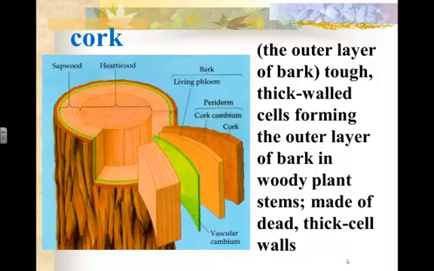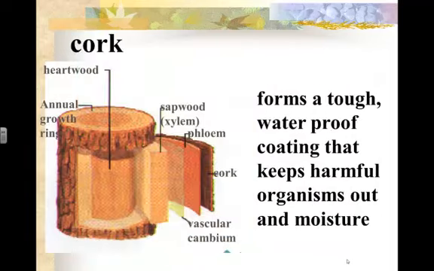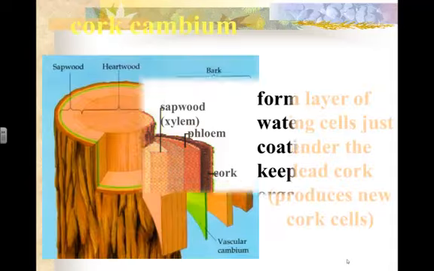If you strip some of the bark off, you've now exposed the inner side where bugs and moisture and other things can get in, and diseases, and destroy the tree. Cork forms a tough waterproof coating that is also protecting. It's keeping harmful organisms out. It's also keeping a lot of extra moisture out so it doesn't rot.